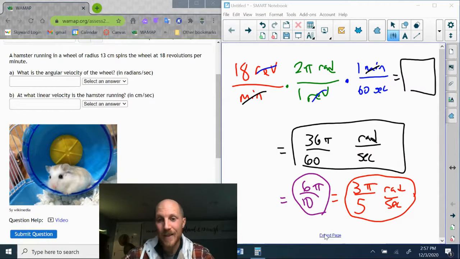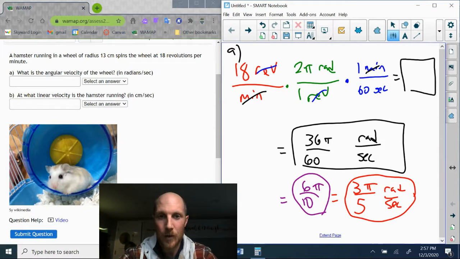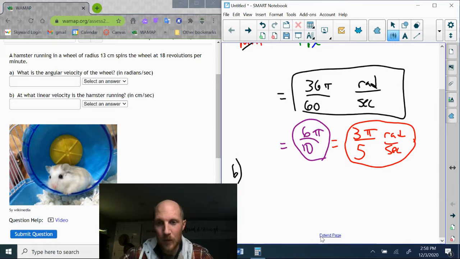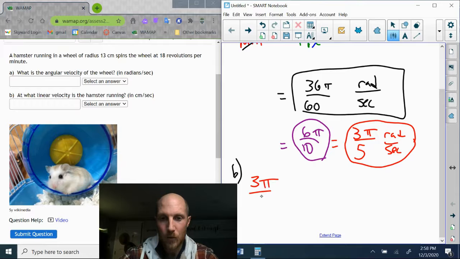So part B is asking me for the linear velocity that this hamster is running in centimeters per second. Let's get a label on part A up there, and then we'll move down here to part B. So probably it makes the most sense to just pick up where I left off. So my angular velocity, 3 pi over 5 radians per second.